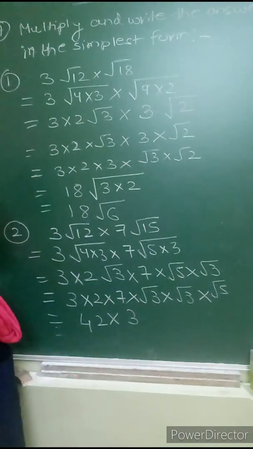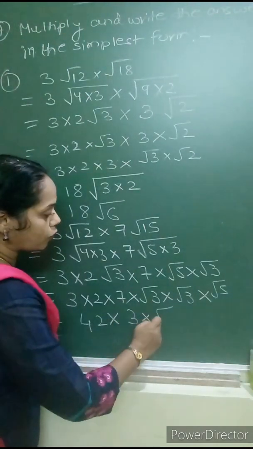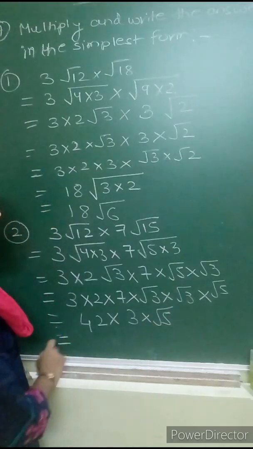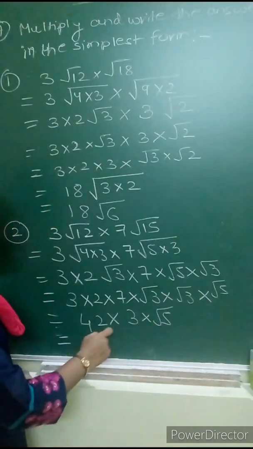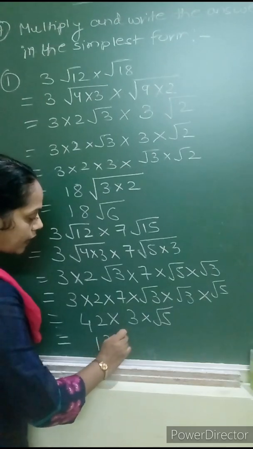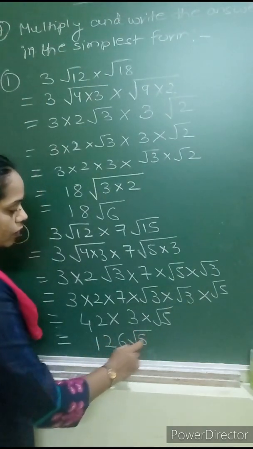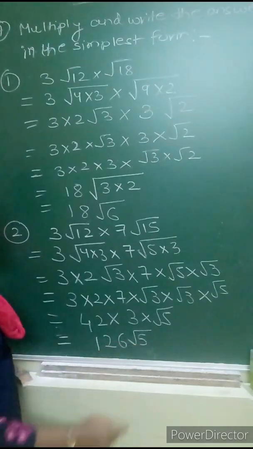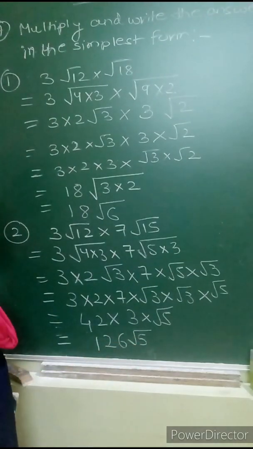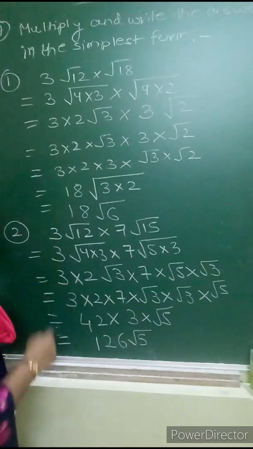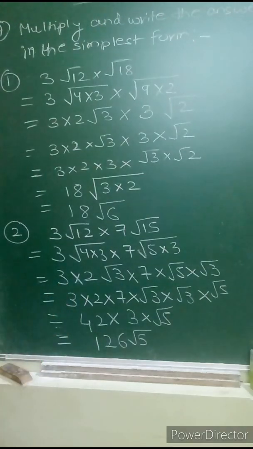This is known to you. Multiplied by square root of 5. So 42 multiplied by 3 will give you 126 square root of 5. So this is the final answer, 126 square root of 5. I hope you have understood how to multiply the given surds.